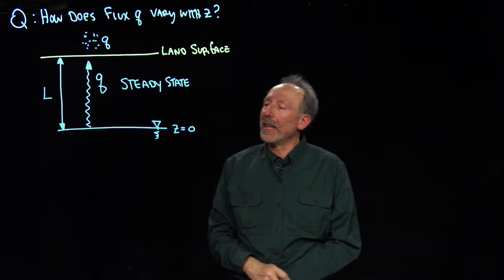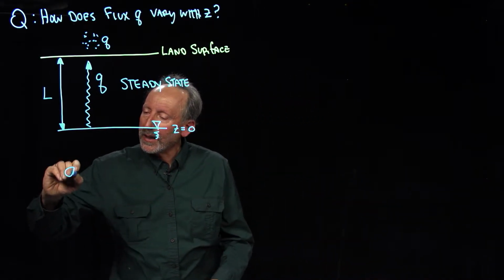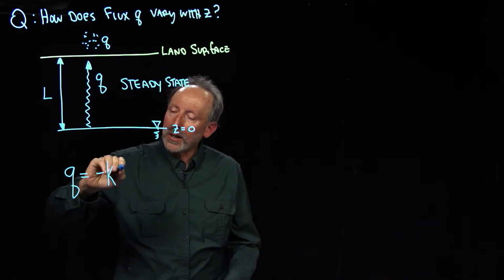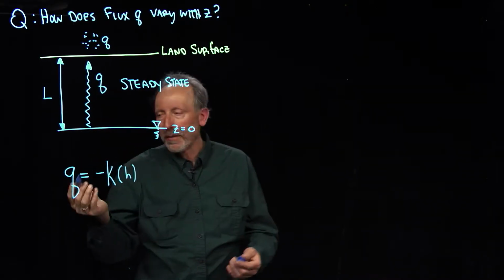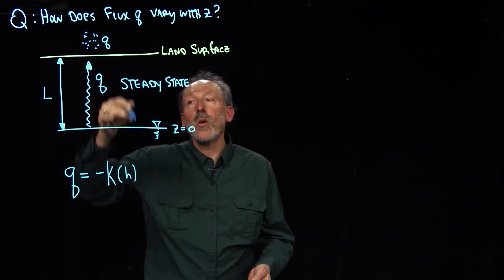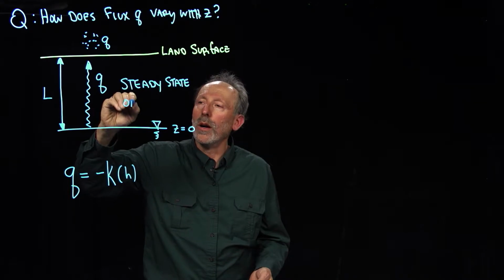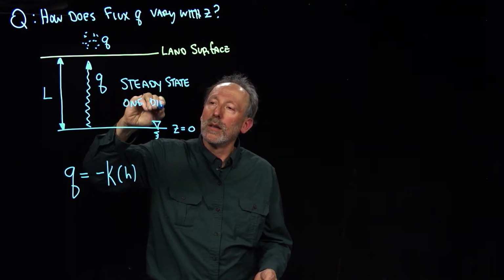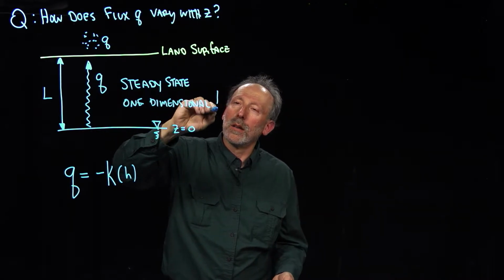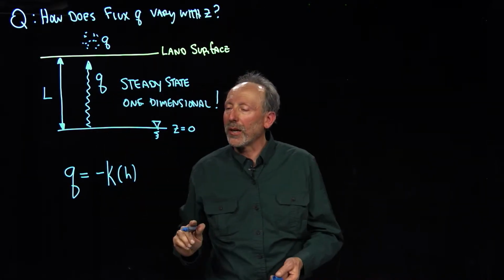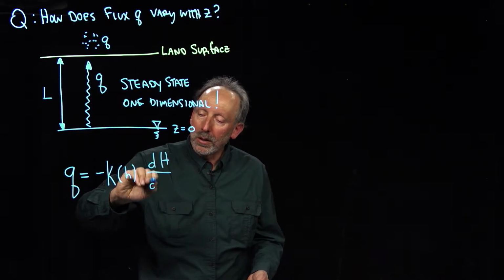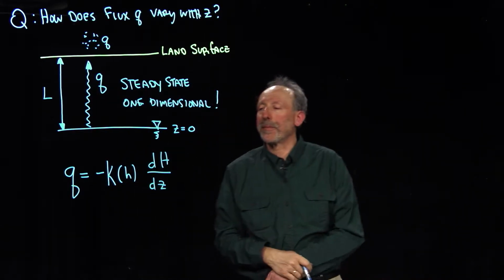Okay, let's use Darcy's law. What Darcy's law says is that the flux is going to be equal to the negative of the conductivity, which will be a function of either moisture content or pressure, times the gradient, and since it's a one-dimensional problem, so it's only going in the vertical direction, it's going to be the change in total potential with change in elevation.